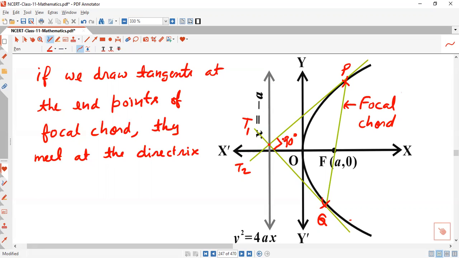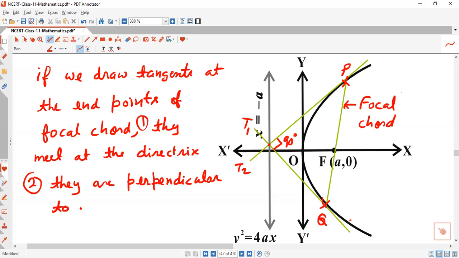They are perpendicular to each other. Number one, they meet at the directrix, and number two, they are perpendicular to each other.